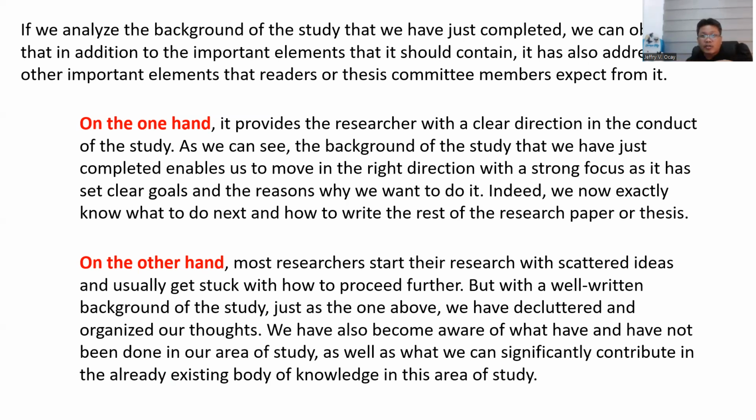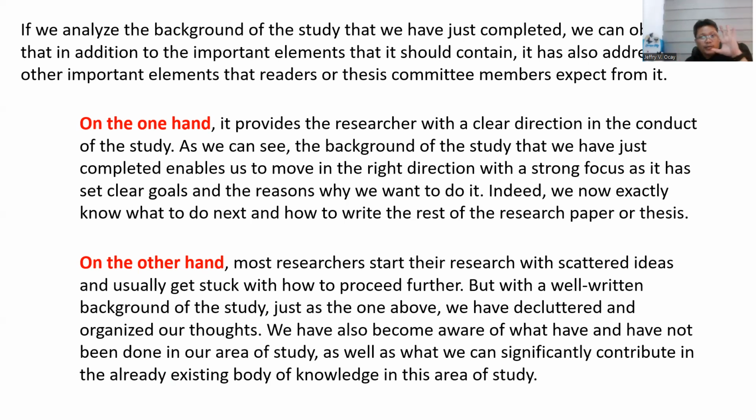So this is what I mentioned in the introductory part of this lecture, that the background of the study is the most important part of a research paper, because it is where we articulate the problem or the research gap, the goal, and the thesis statement. And when we articulate these 3 major points, it sets the sail of the research journey.